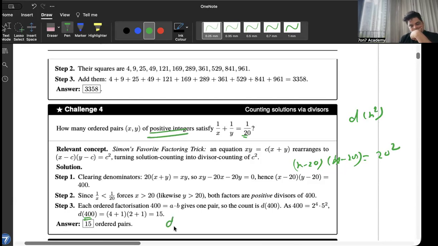So d of 400 you have to get. So you write d of 400 as 2 raised to something, 5 raised to something, and then get the factors of that.